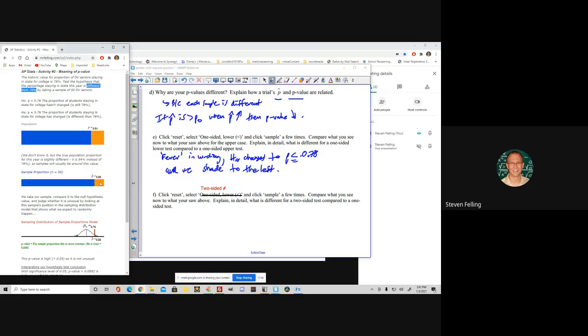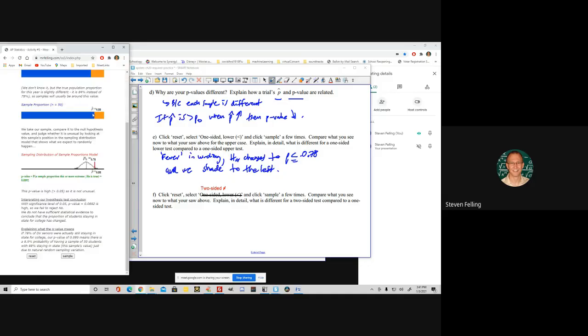So how do you shade in this case? This is a little bit unusual, but whichever side of the null hypothesis value the p-hat happened to be on, we shade on that side away from the null hypothesis, and we get that value from normal CDF. But then, because it could also have been below, we double the p-value to account for that.